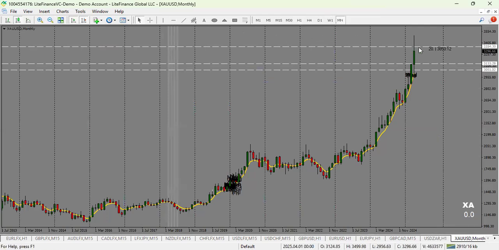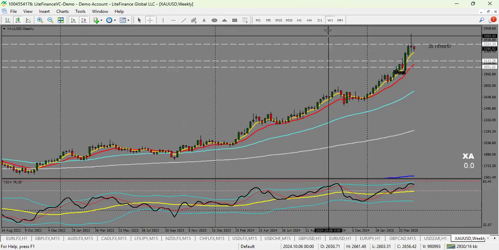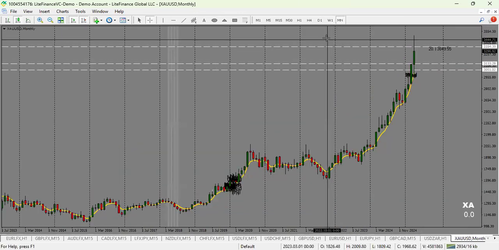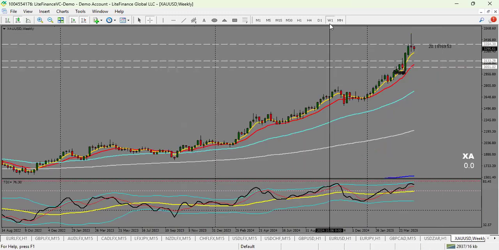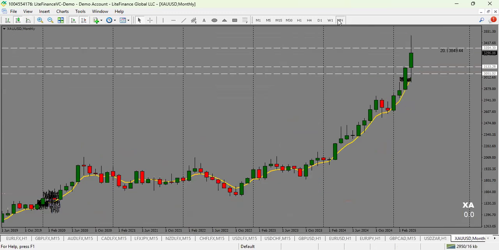We are now at around 3,296, and the highest reached by gold is around 3,500. Our bullish market structure still stands.